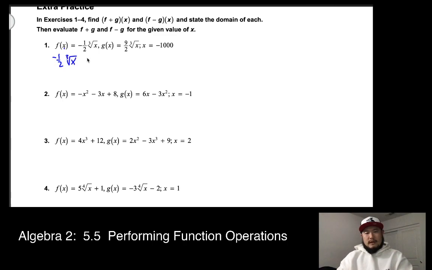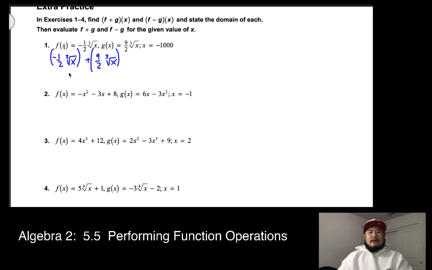Then let's add g of x, which is 9/2 cube root of x. Since there's only one term for each, you probably didn't need to put the parentheses, but I'll do that as good practice, because that's what I asked you guys to do as well.